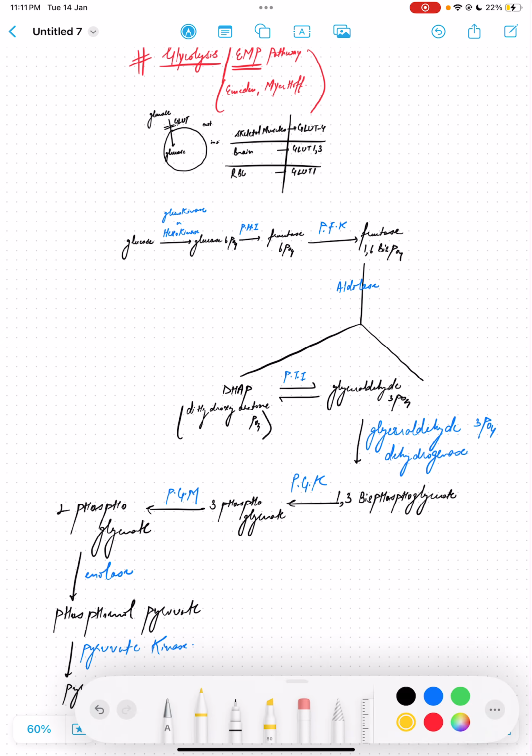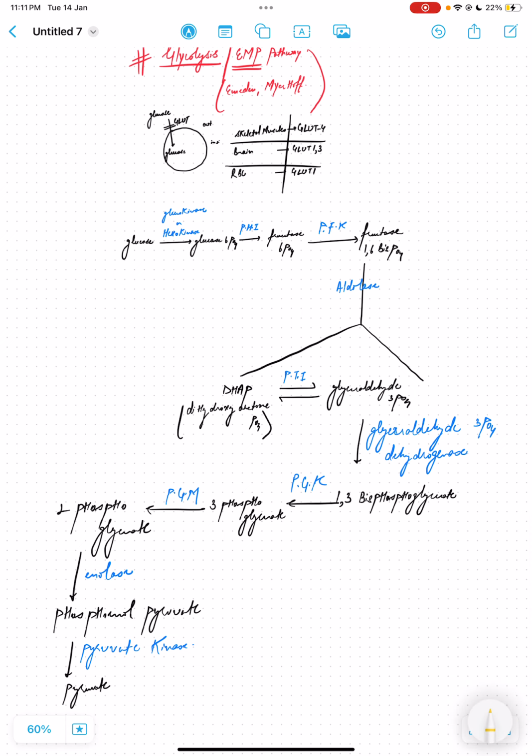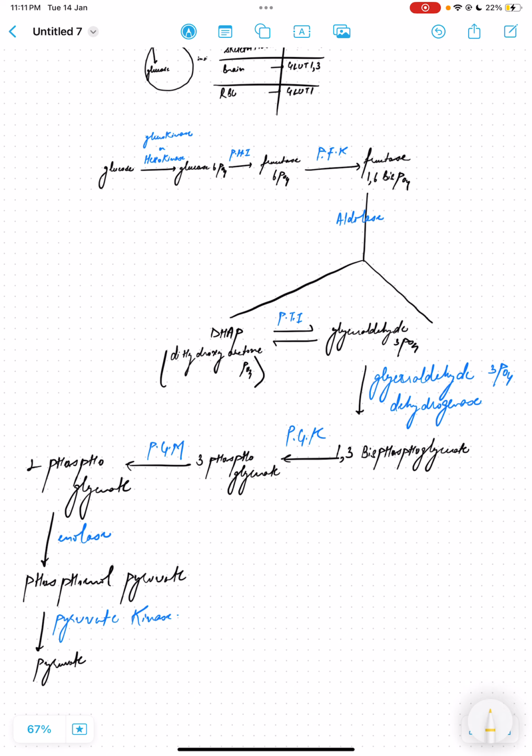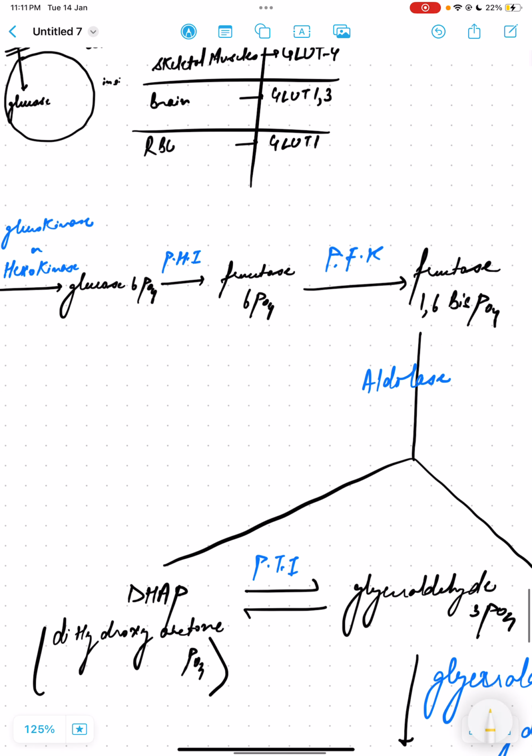Okay, let's go through it again. First of all, glucose will convert into glucose 6-phosphate with the help of the enzyme either hexokinase or glucokinase. Then glucose 6-phosphate will convert into fructose 6-phosphate with the help of the enzyme phosphohexoisomerase.